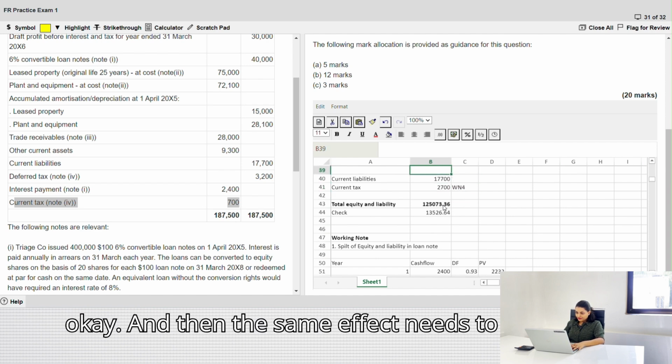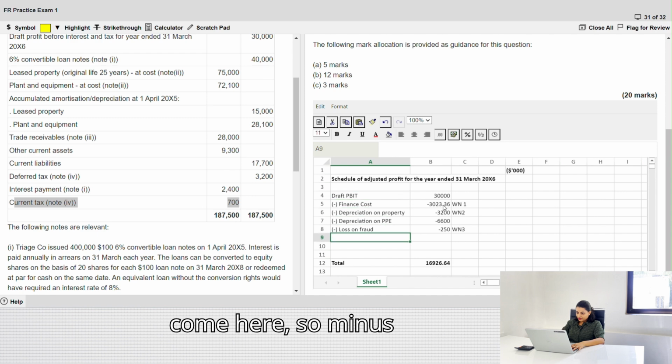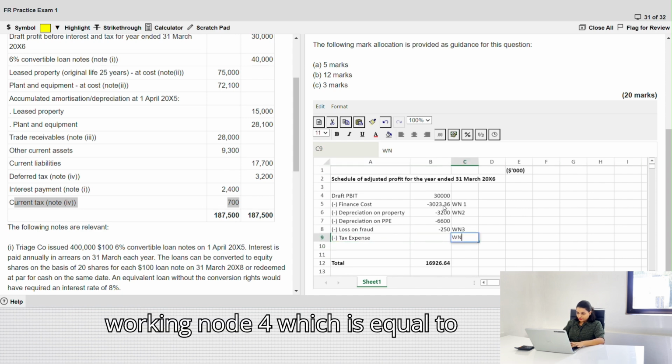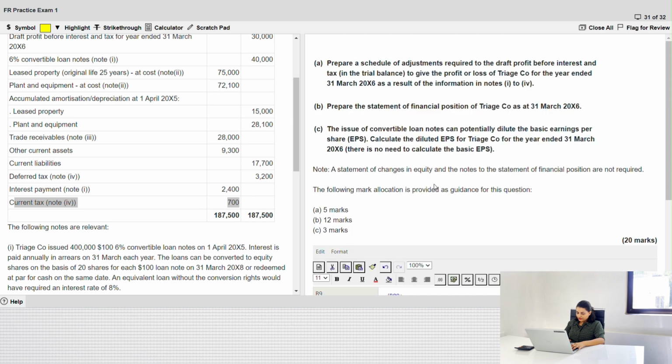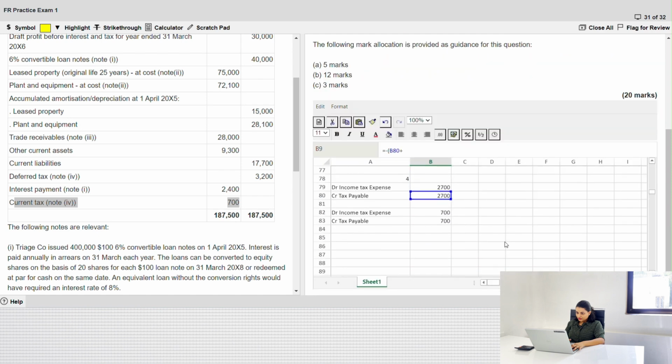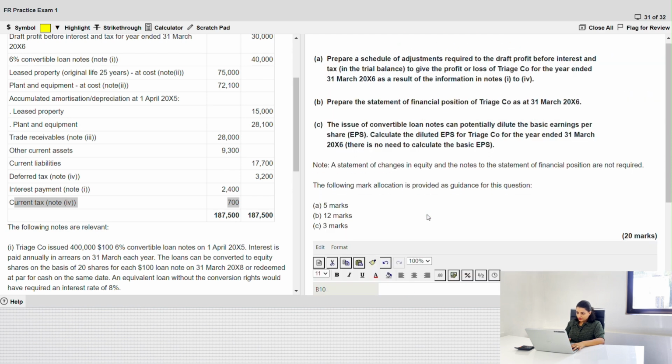Okay, and then the same effect needs to come here. So minus tax expense, working note 4, which is equal to minus of this plus this.